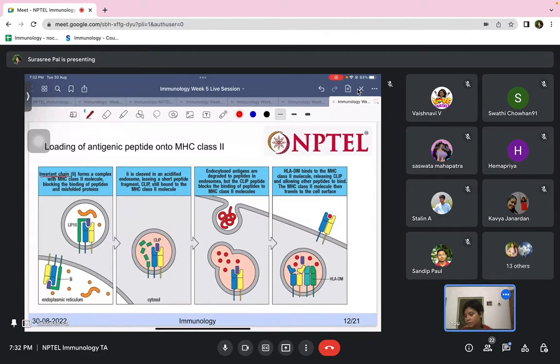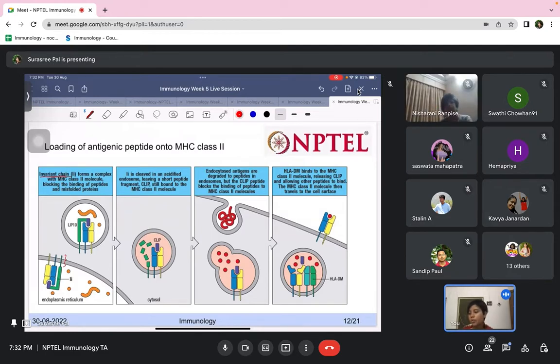Alright. So this is actually the chain which binds to the MHC class 2 molecules until they can bind to the peptide.